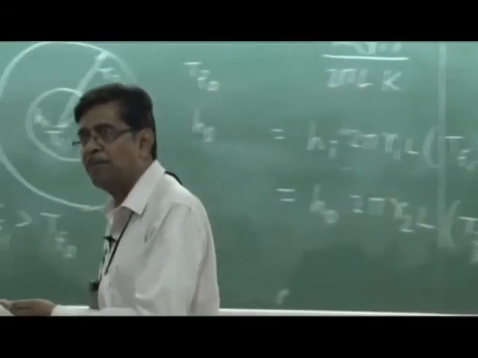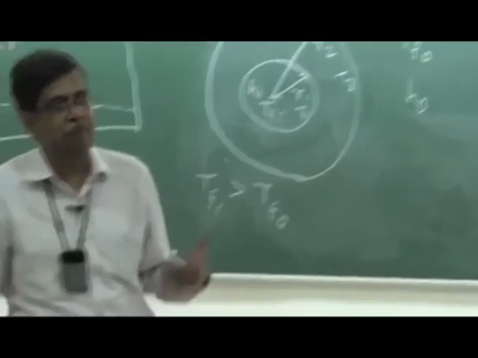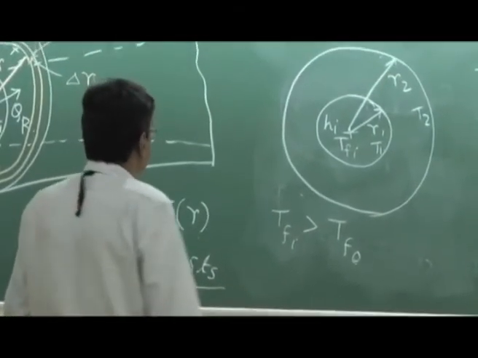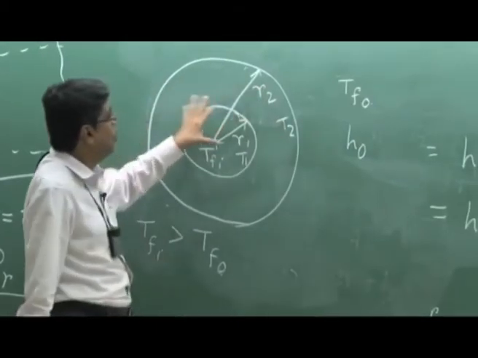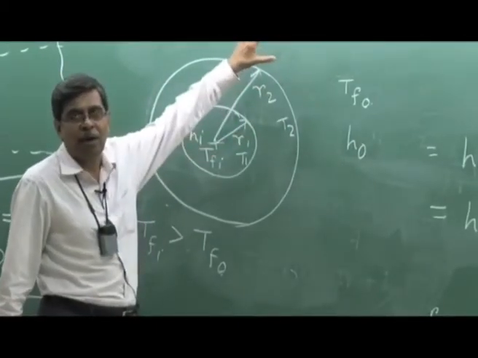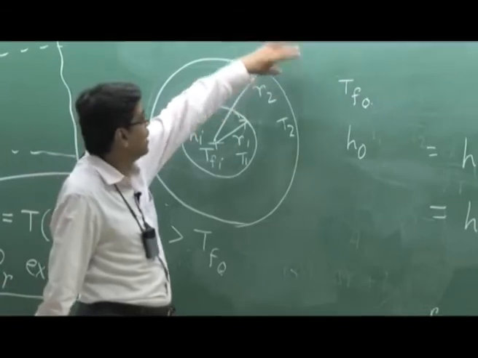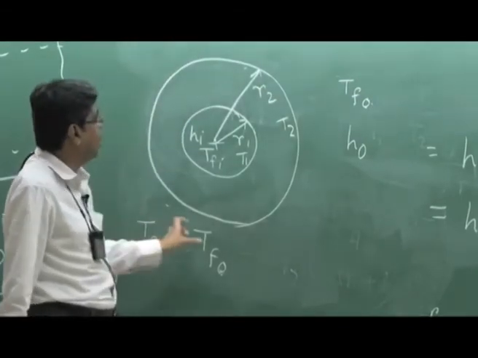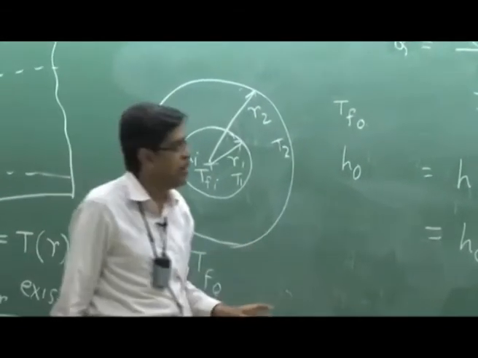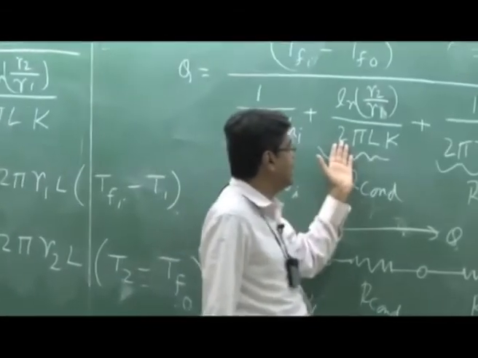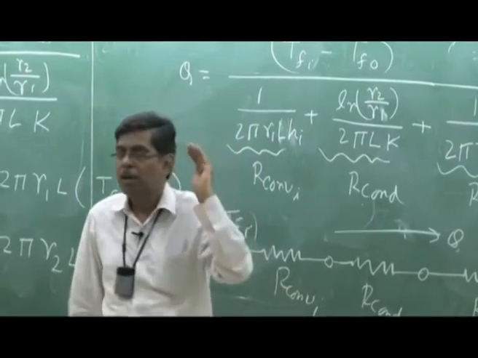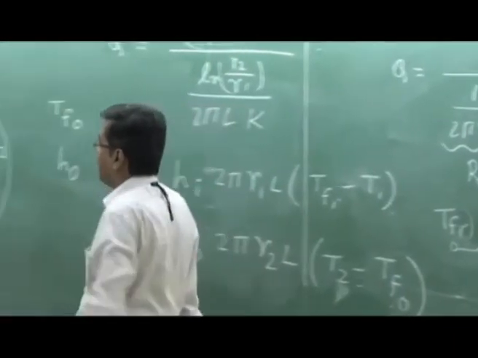If we solve problems, then you will see the application of it. That means instead of one cylindrical wall, we may have a composite cylindrical wall, with another cylindrical layer of material of different thermal conductivity. Then we will be adding another conduction resistance like this, from R2 to R3.